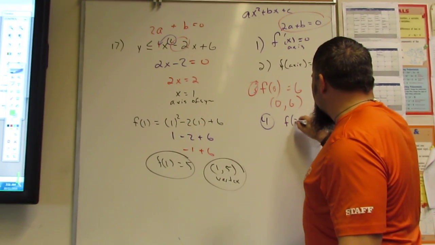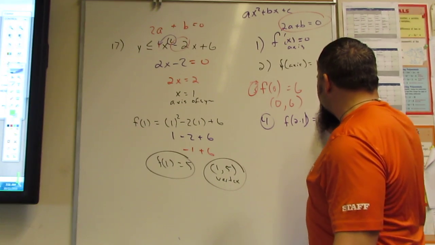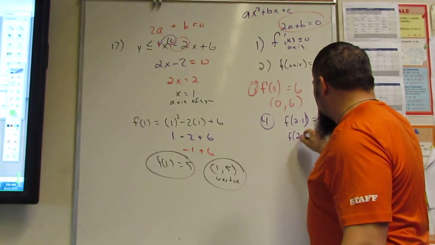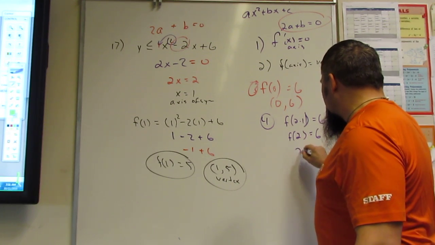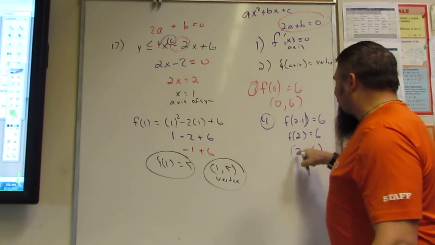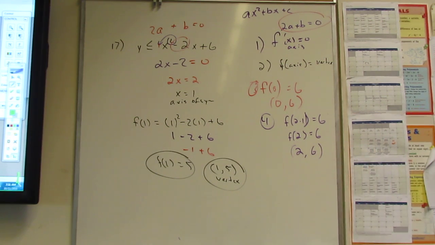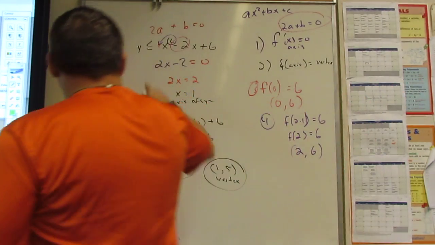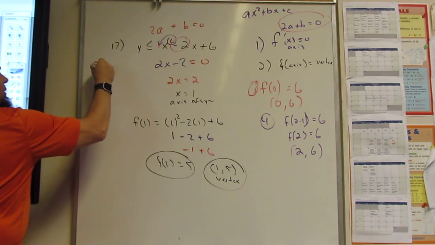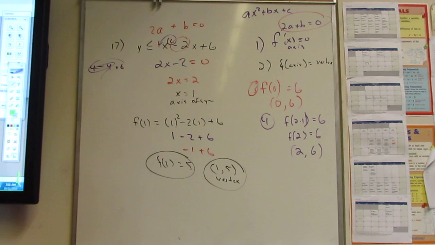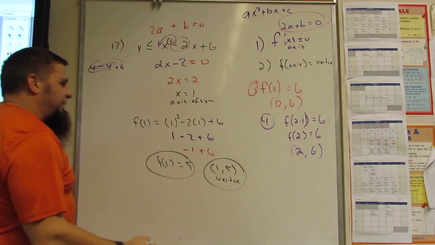So f of 2 times 1 should also equal 6. So that means f of 2 should equal 6. So it's 2 and 6. Now, I need to check that real quick, though. I want to make sure I'm doing things right. 2 squared is 4, minus 2 times 2, which is 4, plus 6. Yes, that is 6. It's just a real quick check, and then graph it.